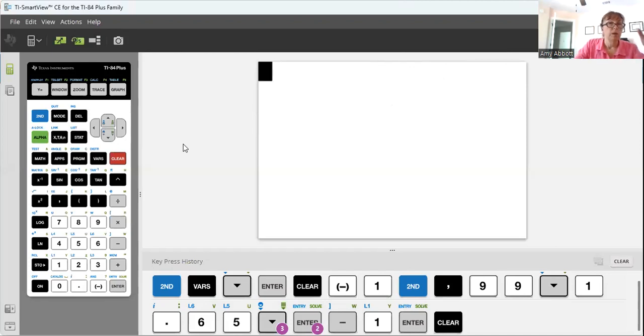Okay, so the question here wanted to know: find the Z-score such that the area under the normal curve to the left is 0.53.